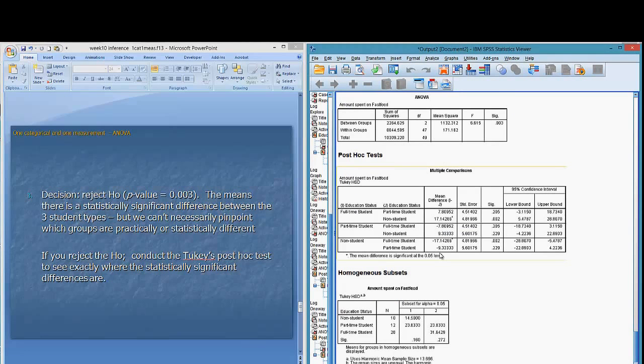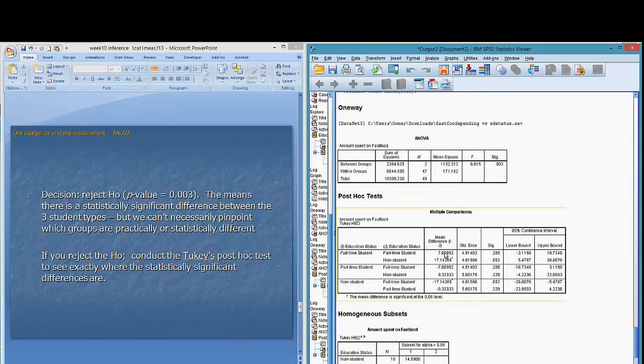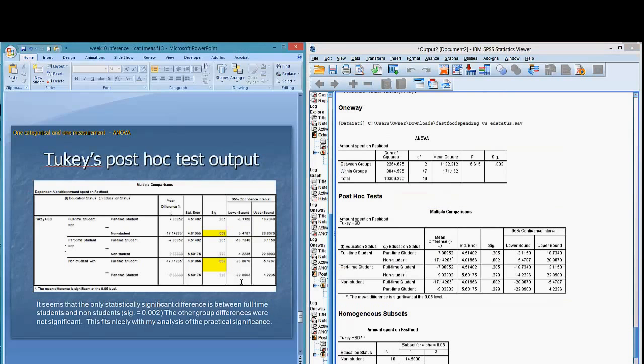Here it is. So this is the one in the middle. Let's go with it on the left side here, so we're comparing the same thing. So what we look for is full-time students compared to part-time students, full-time students compared to non-students. We saw that that's where the biggest difference was, between full-time students and non-students, and sure enough, it comes out as statistically significant. And it gives us the confidence interval for the difference. So we do get the confidence intervals here in the Tukey test.